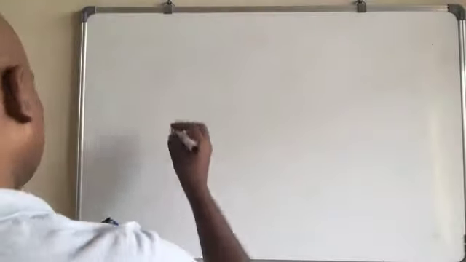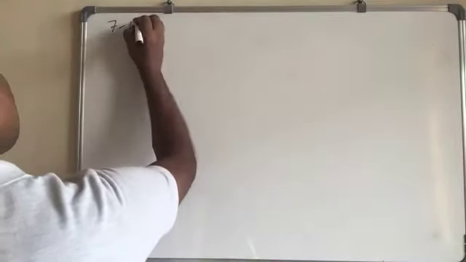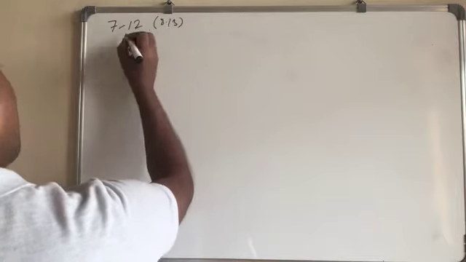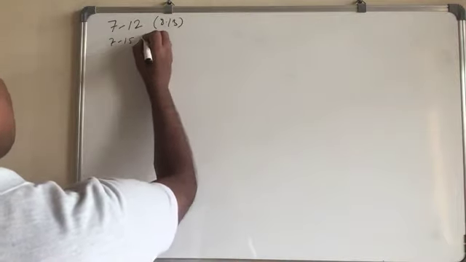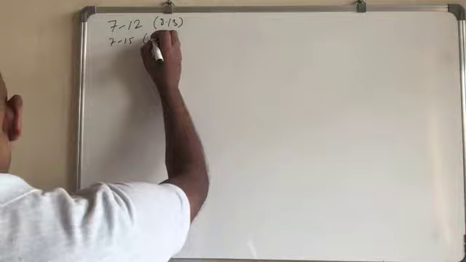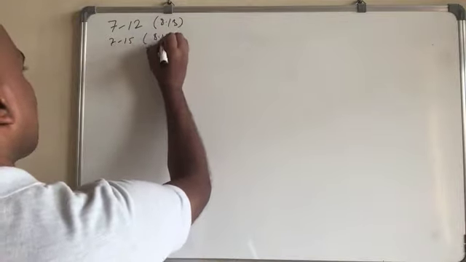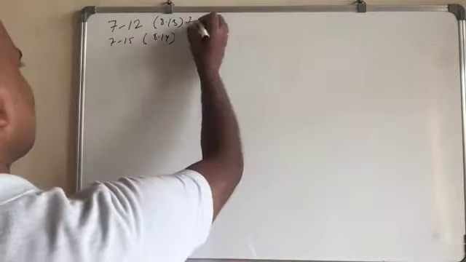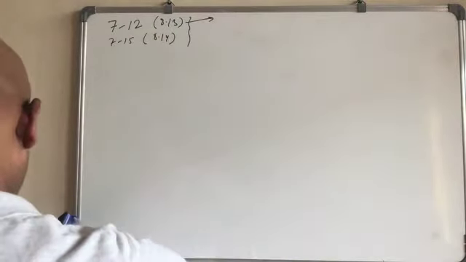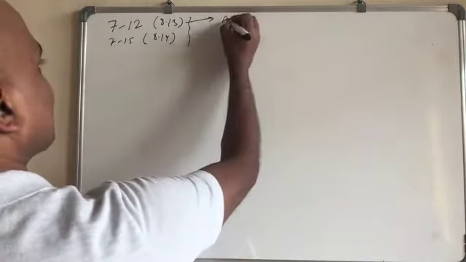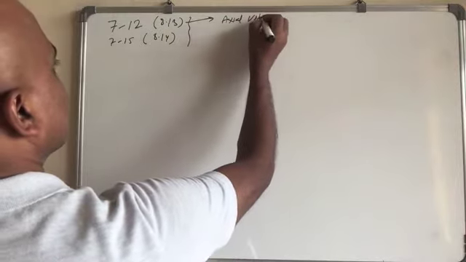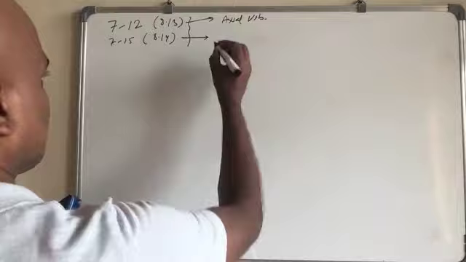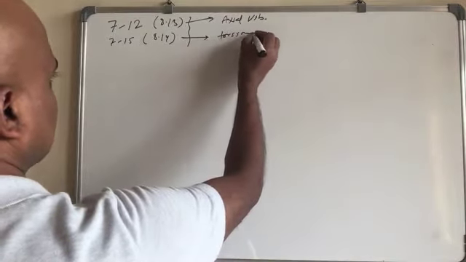Now these two questions, 7-12, which is 8.13, and 7-15, which is 8.14, are both similar. The only difference is that the first is for the axial vibration case, and 7-15 is a torsional vibration.